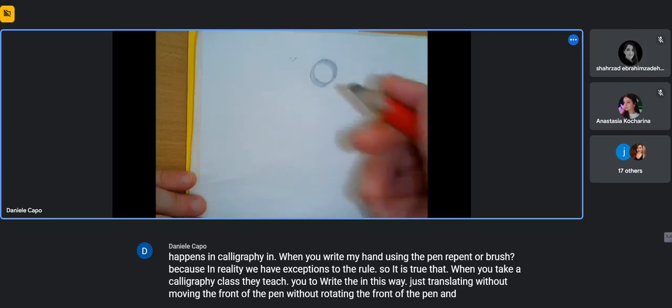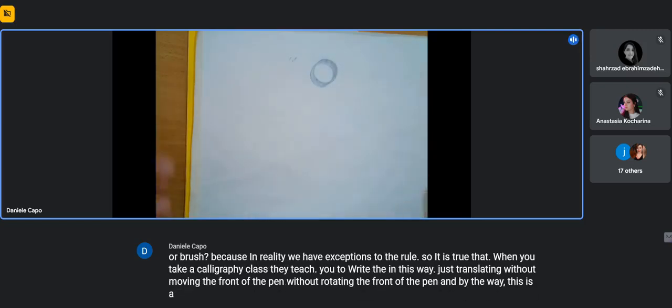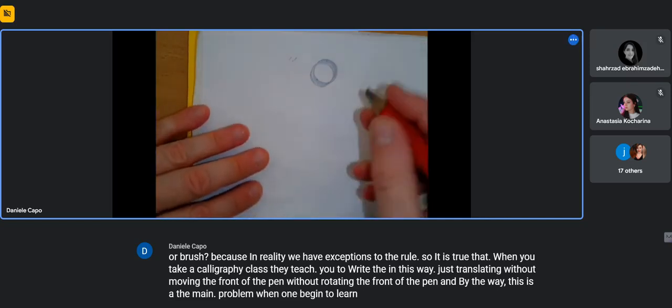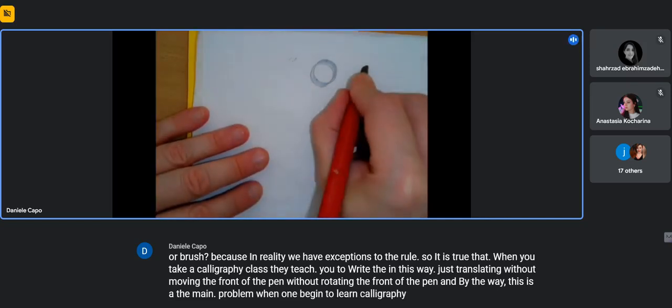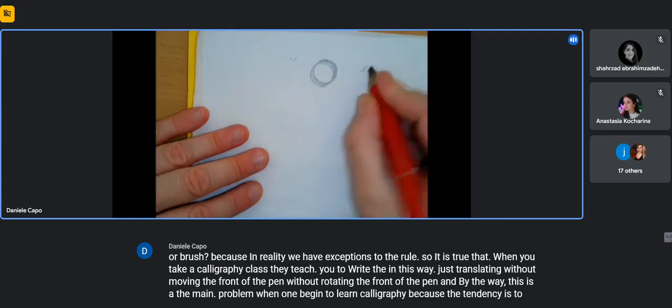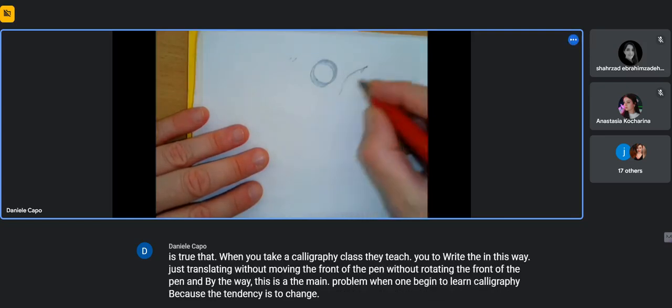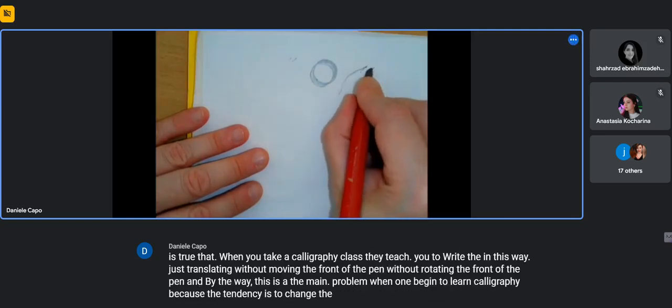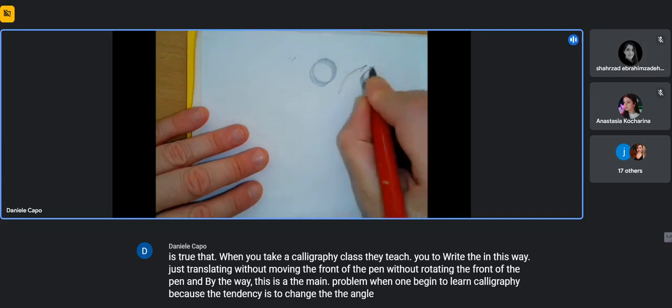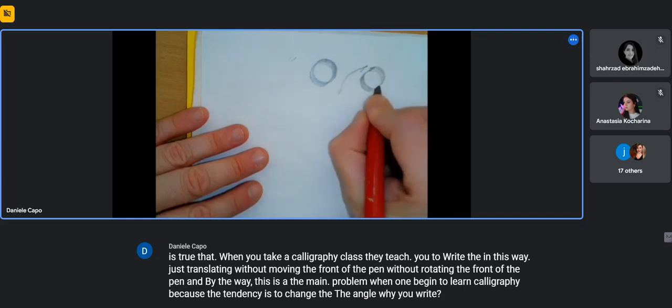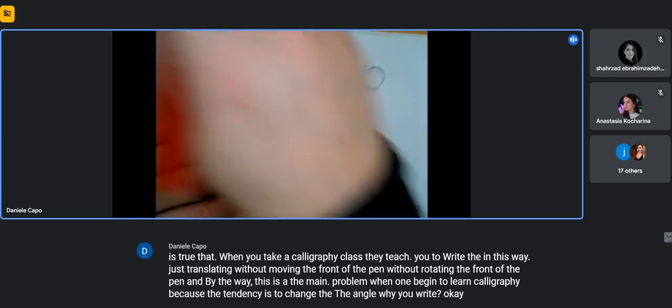And this is the main problem when one begins to learn calligraphy, because the tendency is to change the angle while you write.